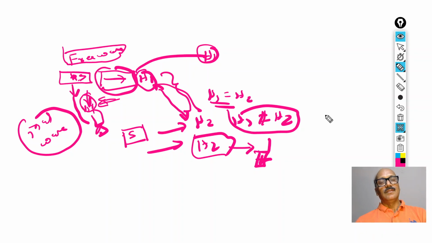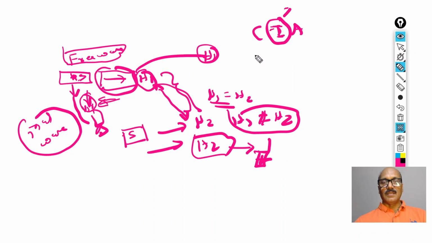So this completely prevents data manipulation. Again I'm repeating, this is the very important CI triad of security.